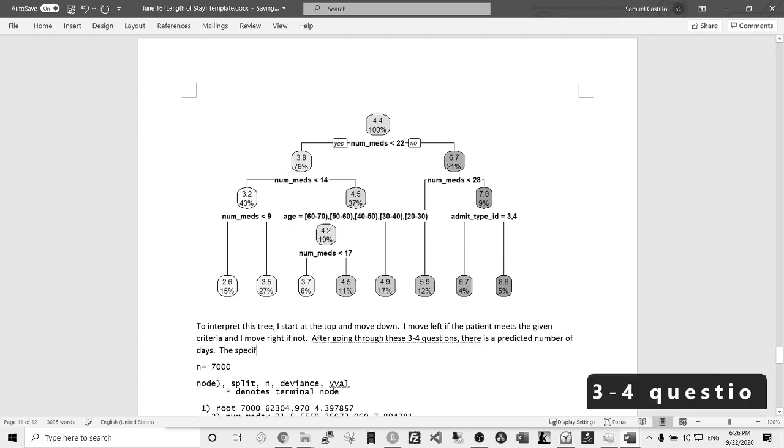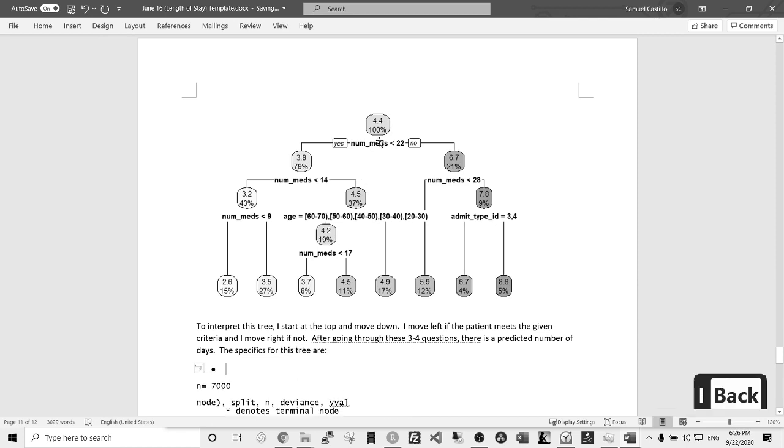The specifics for this tree are, I start here: if patients have fewer than 22 medications, and fewer than 14 medications, and fewer than 9 medications, they're predicted to have 2.6 days.